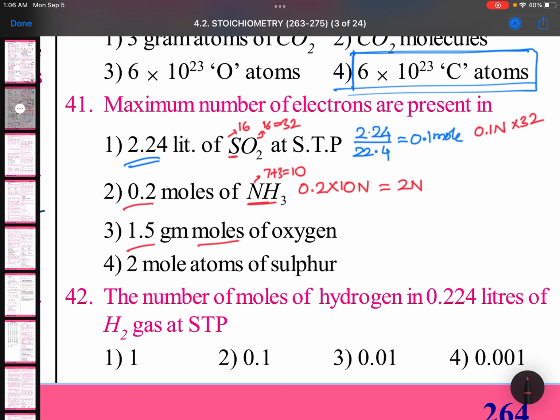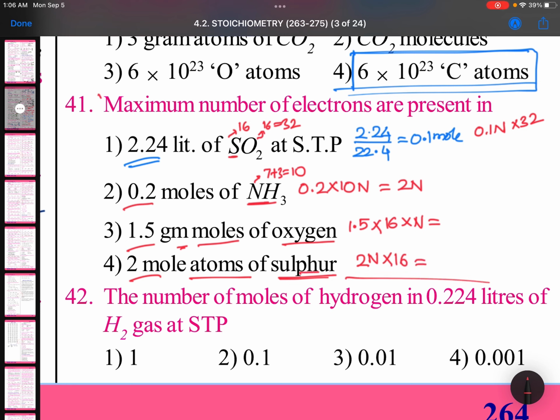1.5 gram moles of oxygen. Gram moles are nothing but moles, 1.5 moles mentioned. Oxygen means O2, so taking 16 electrons into N. 2 mole atoms, 2 atoms he mentioned, 1 sulfur atom you can take. 2 mole atoms means 2N, each sulfur contains 16. So just check in which the maximum number is coming.